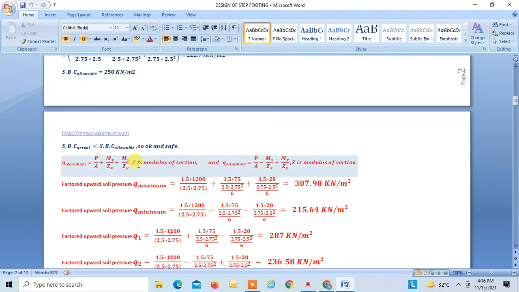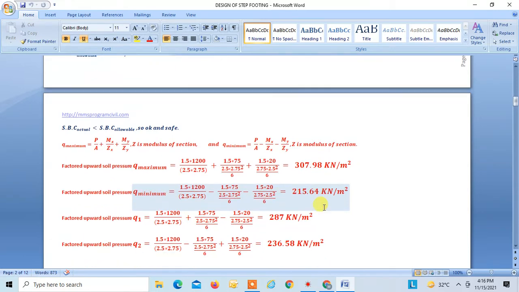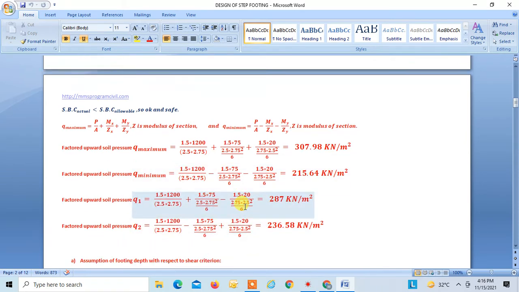Putting the values in this formula, you get Q maximum as 307.98, and similarly for factored upward soil pressure, Q minimum is found to be 215.64, and Q1 is found to be 287, and Q2 is found to be 236.58 kilonewton per meter square.